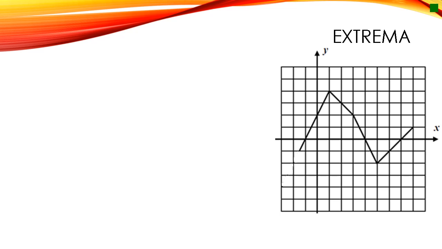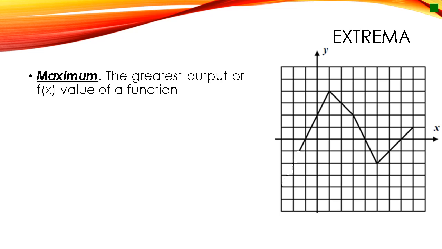Now let's talk about the extrema of a function. We said the extrema includes the maximum, and the maximum is the greatest output or y value of a function. That means we have to look at the graph and identify the maximum y value represented on this graph.